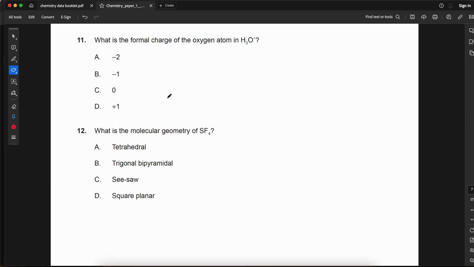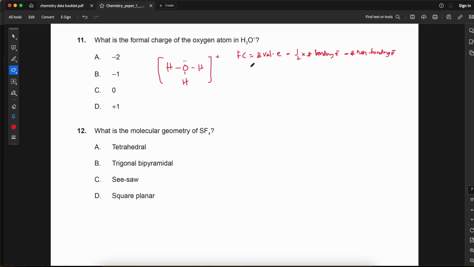What is the formal charge of the oxygen atom in H3O plus? We need to write the Lewis structure to be able to calculate the formal charge. So this is the H3O plus. The formula for formal charge is number of valence electrons minus half times the number of bonding electrons, minus the number of non-bonding electrons.